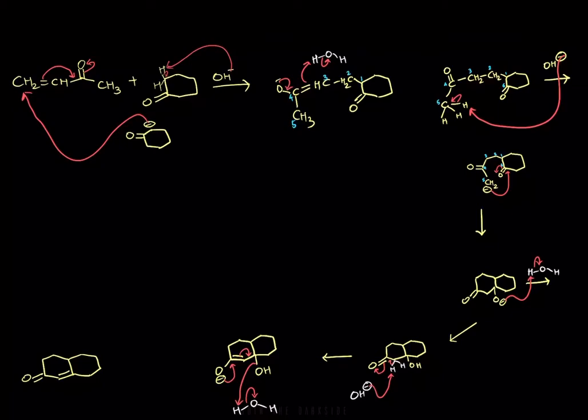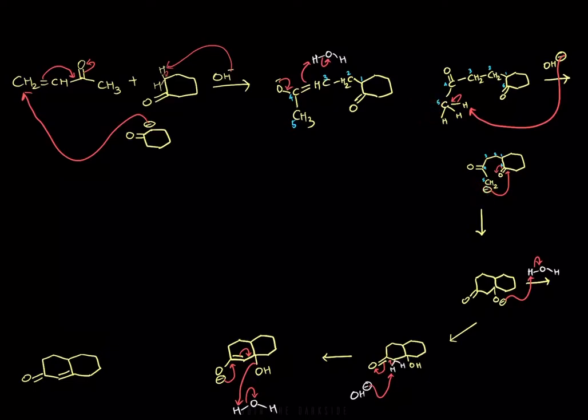In the next step, another base abstracts an acidic hydrogen. This CH3 right here has three acidic hydrogens, and one of those is abstracted, forming another enolate. Here is the enolate.